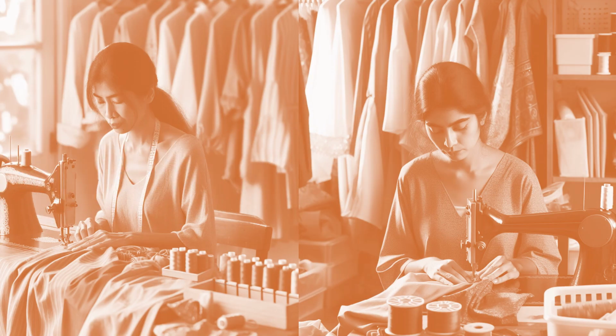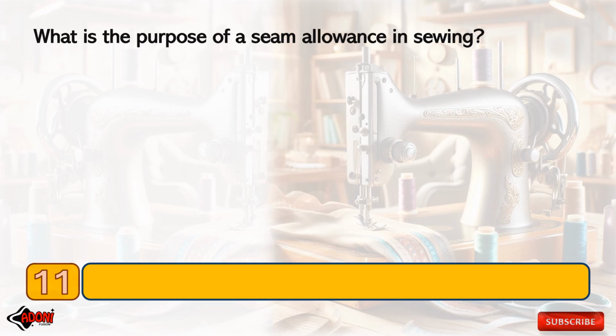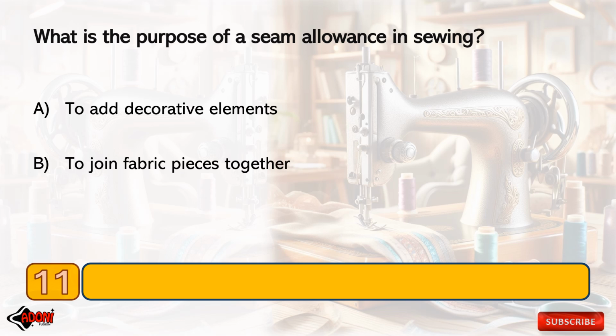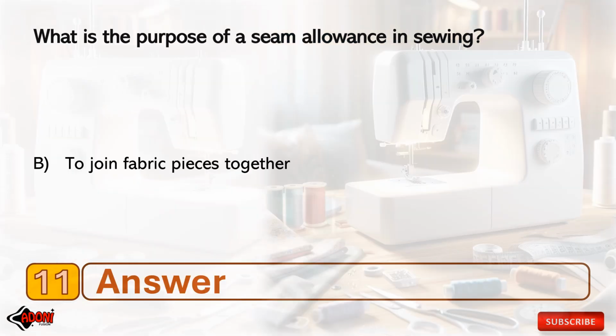What is the purpose of a seam allowance in sewing? To add decorative elements. To join fabric pieces together. To create gathers. The answer is to join fabric pieces together.